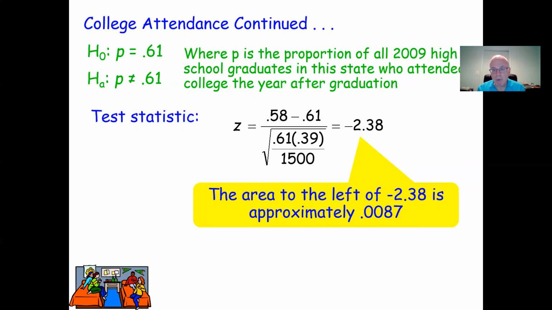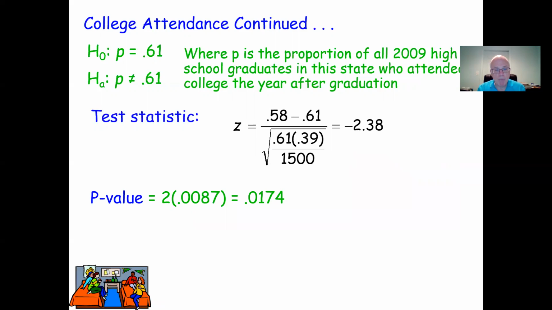So we're just going to take that 0.0087 and multiply it by 2, and we get 0.0174. Very important for a two-tail test that when we find our area, we multiply it by 2. We do not do that for our left tail test or right tail test, only for a two-tail test.